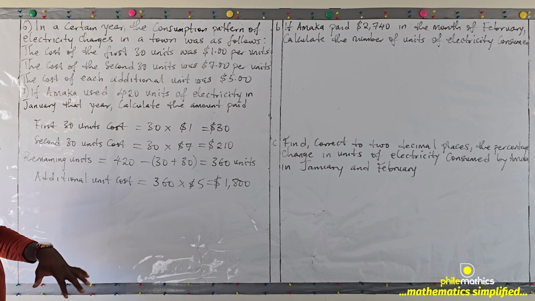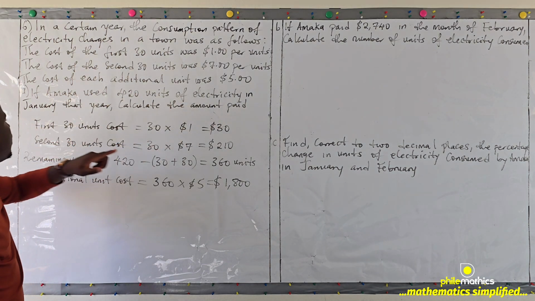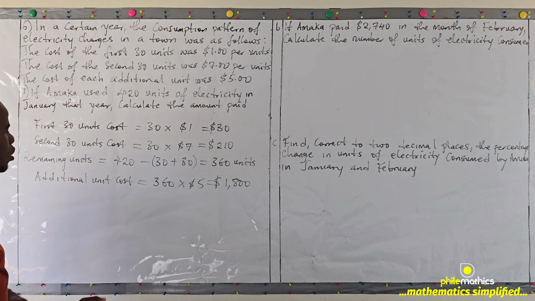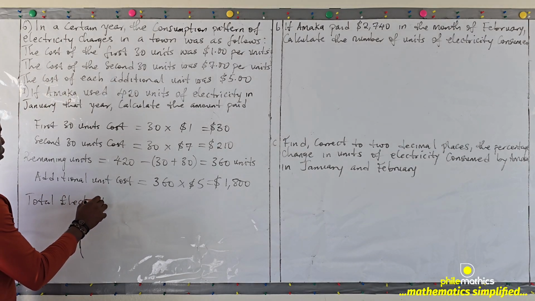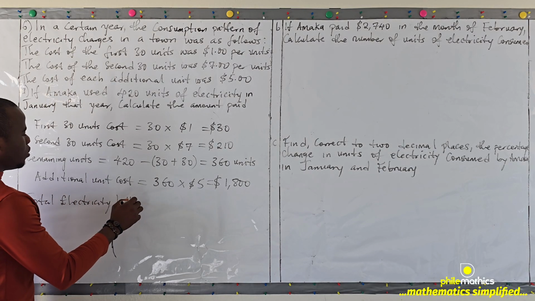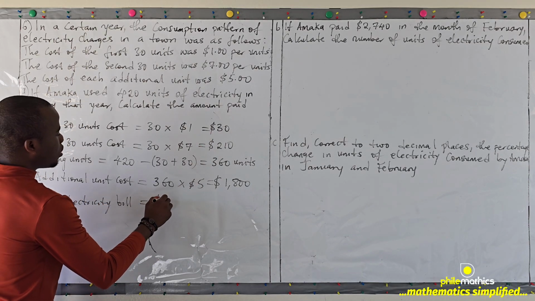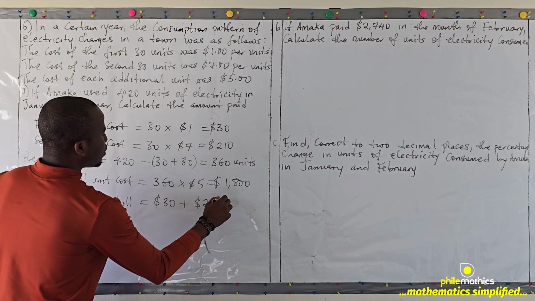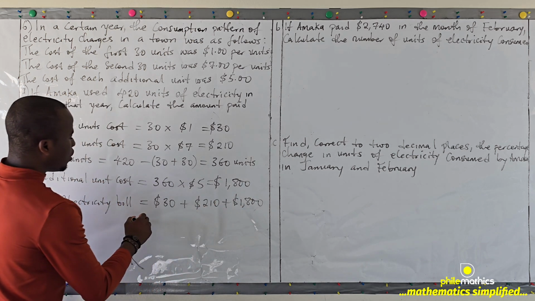Now, the question we are asked is, if Amaka used 420 units of electricity in January that year, calculate the total amount she paid. So, the total electricity bill will be the sum of this $30 plus $210 plus $1,800.